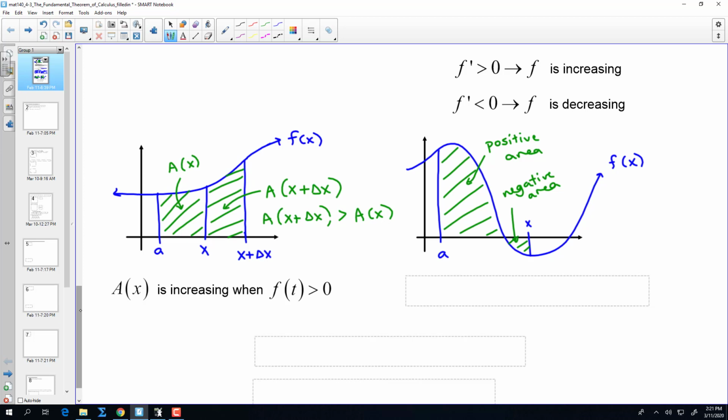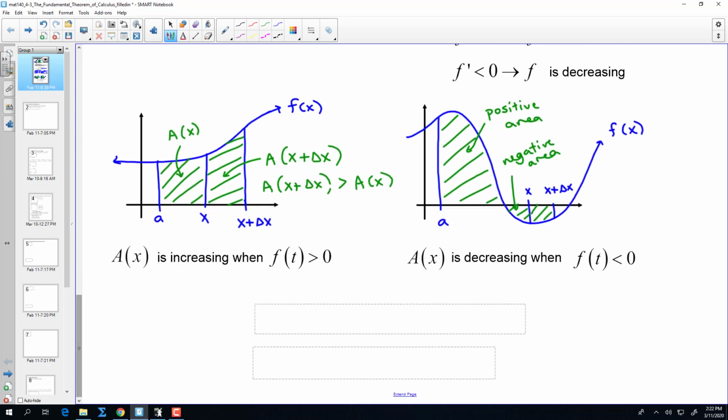So if I increase the value of x slightly to x plus some delta x, that's going to increase the size of my region, but it increases the amount of negative area, which actually decreases the total amount of area altogether. So the accumulation function will be decreasing whenever a function is less than 0.